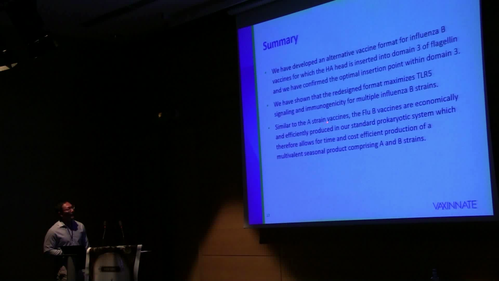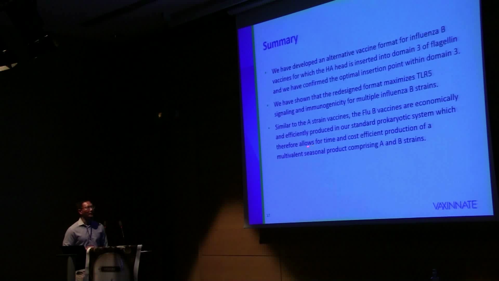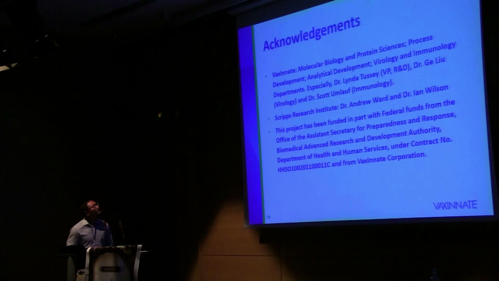And similar to A strain vaccines, the flu B vaccines can be economically and efficiently produced in our standard prokaryotic system, which allows time and cost efficient production of multivalent seasonal products, comprising both A and B strains.